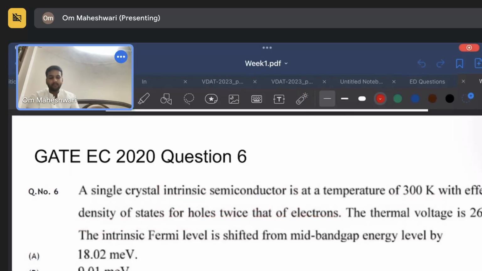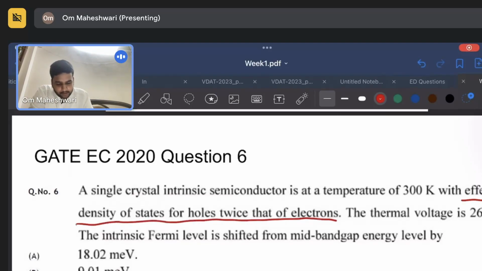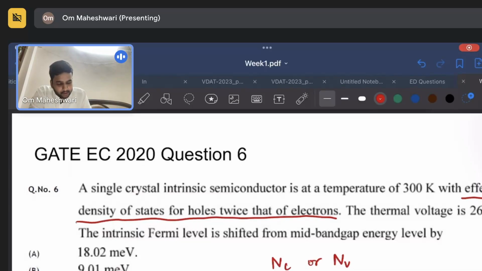So we need to pay attention to the details in the language. Effective density of states of holes is twice that of electrons. Effective density of states is Nc or Nv. Now it says for holes is twice that of electrons, so Nv is equal to 2 times Nc. This is the given information.